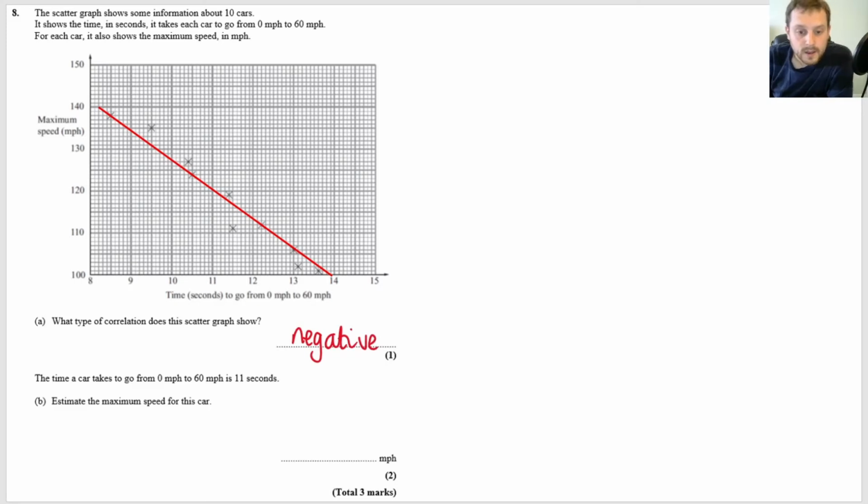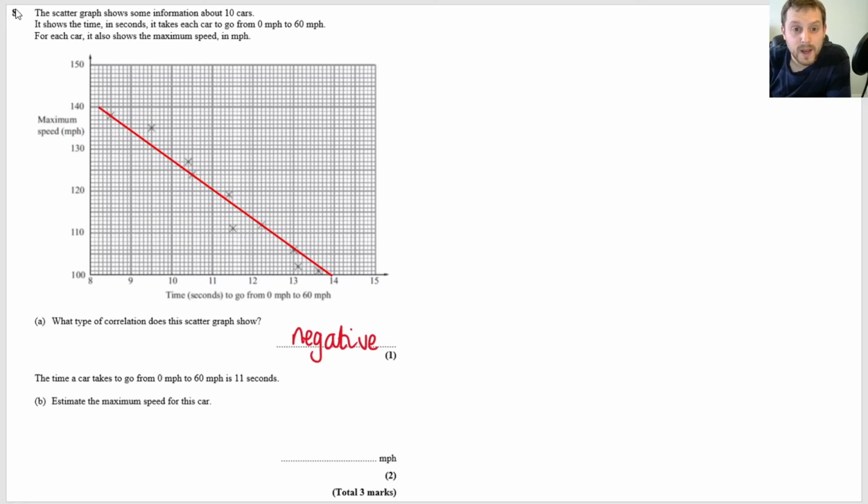And then the time a car takes to go from 0 to 60 is 11. And then the question says, estimate the maximum speed for this car. Okay, so it's just crashed yet again. So what we're going to do is we're going to use our line of best fit to get our estimate. Okay, so it's working again.